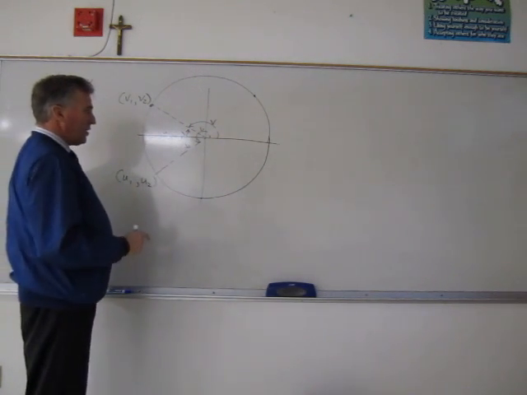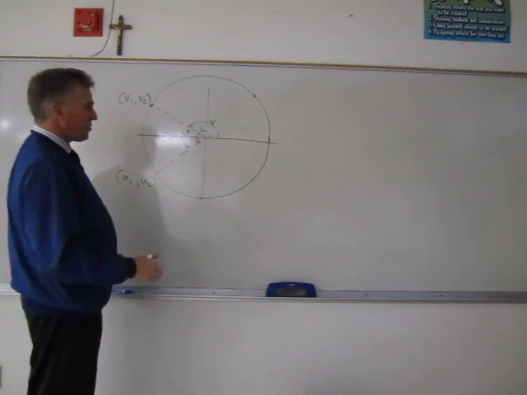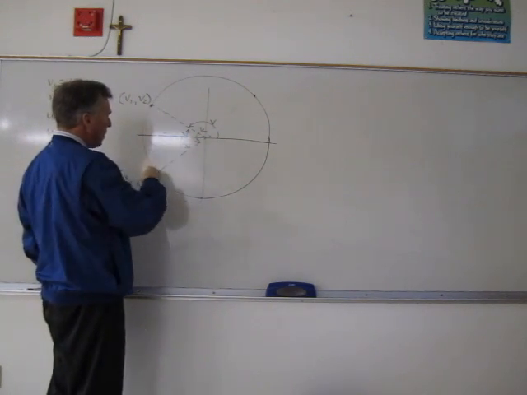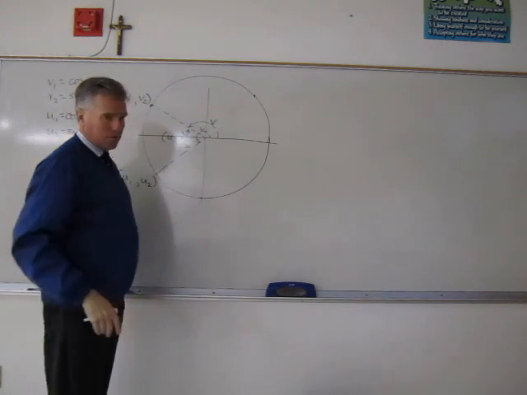From geometry, I know that in the same circle or congruent circles, congruent arc lengths form congruent central angles.